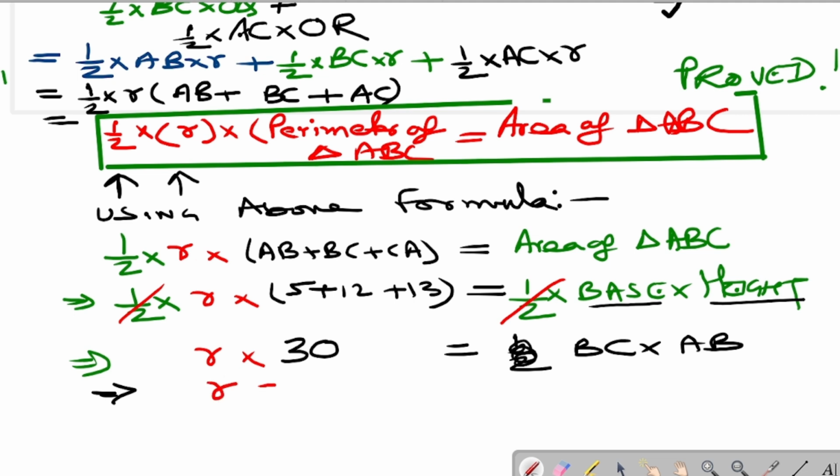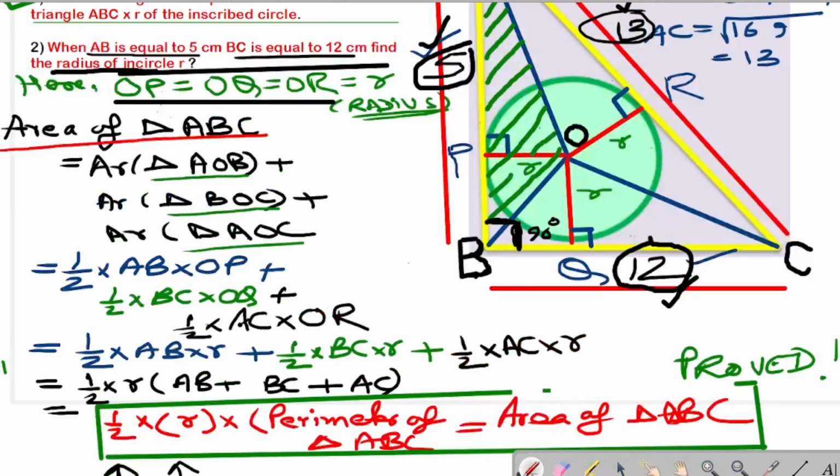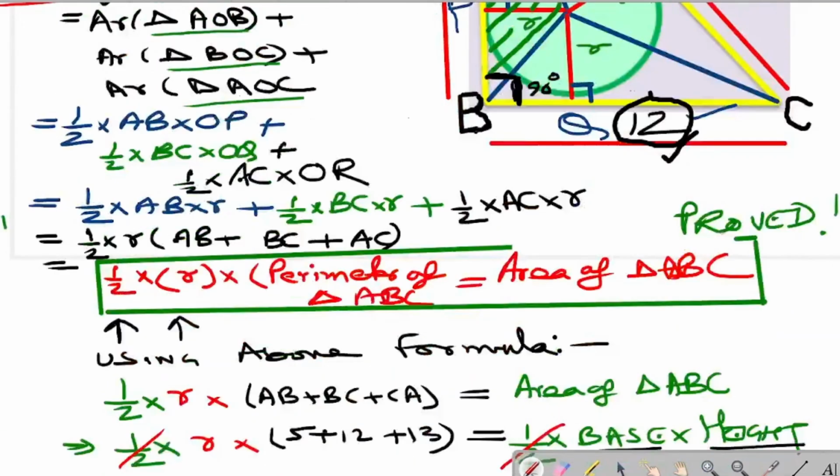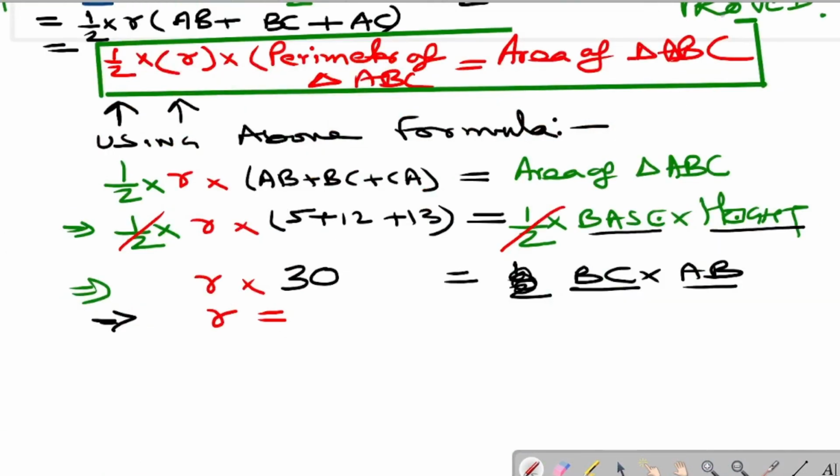Just going to the figure, we can see R can be calculated as, in the LHS leave the small r, and in the RHS BC into AB. What was the length of BC and AB? BC is, here you can see, 12 and AB is 5.